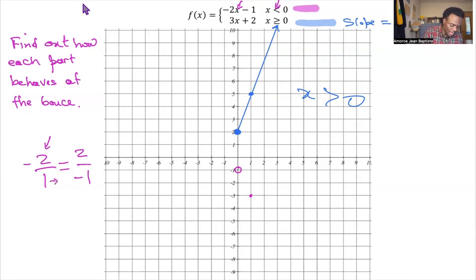But since I give the negative sign down to the bottom here, I'm going to reverse it. I'm going to rise up and then run left. So let me go rise up 2, 1, 2, and then over left. That's another point that I can just continue.